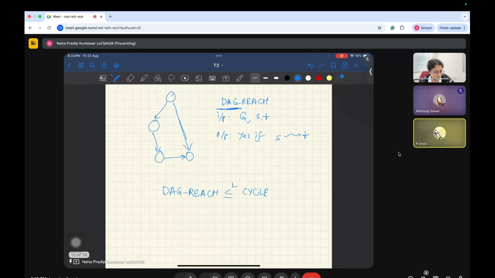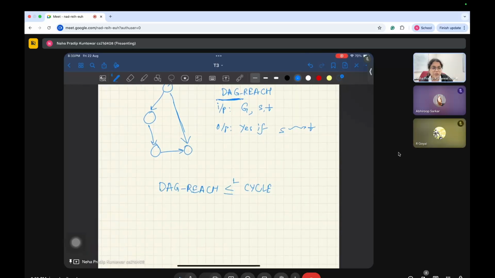So what we actually want to do is again come up with a function phi that takes this G, S, T and converts it into an instance G prime such that this condition is met. I think this DAG reach is making the problem more complicated, because if G, S, T is given, then I can traverse from S to T but I cannot traverse from T to S. So this ensures that the cycle does not exist.